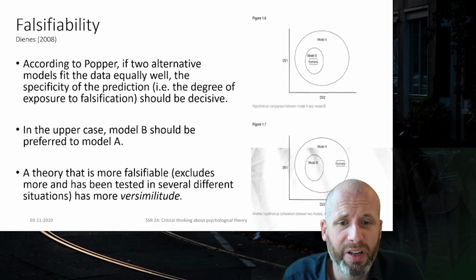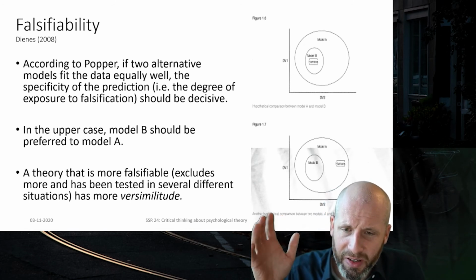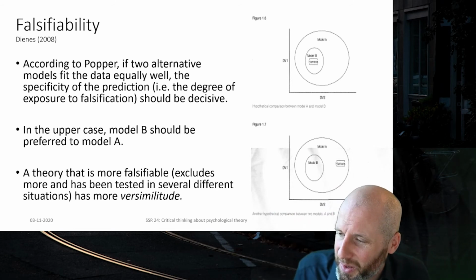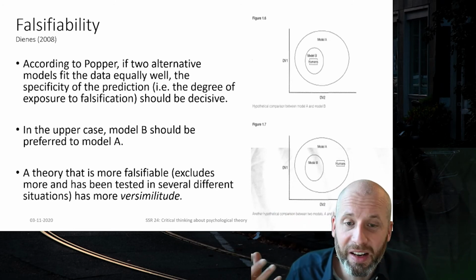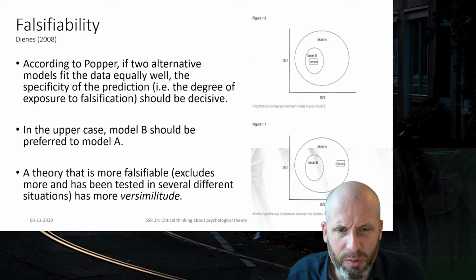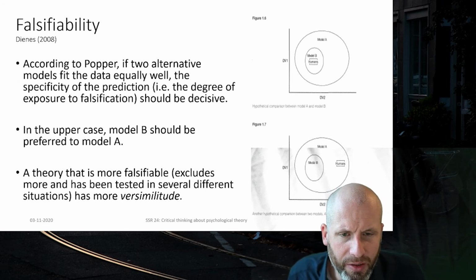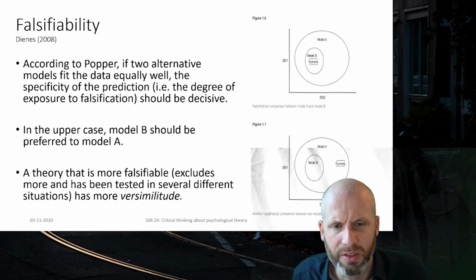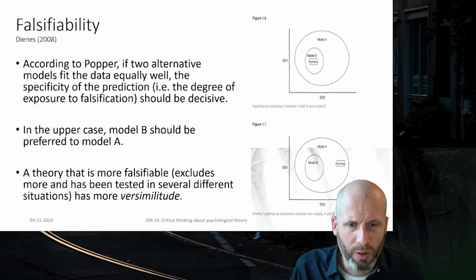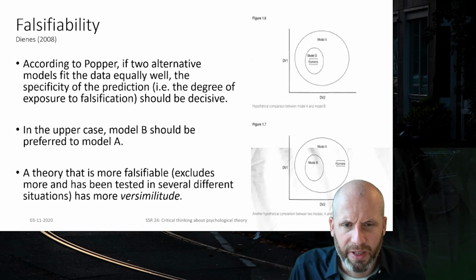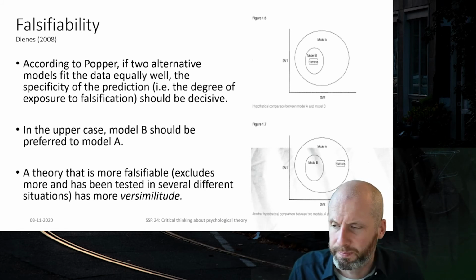It has been more severely tested. So the verisimilitude, I'm sorry, I'm struggling with that word, the truth likeness of that theory is greater, because we've exposed it to a greater challenge than the other theory, and it survived just as the other theory did. So we should prefer the one that we've put to the test more stringently.